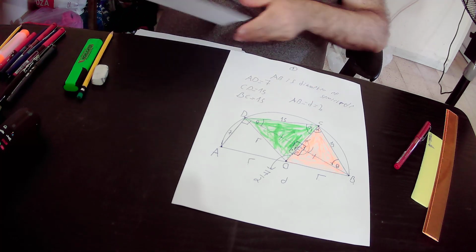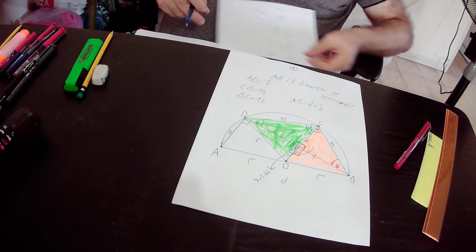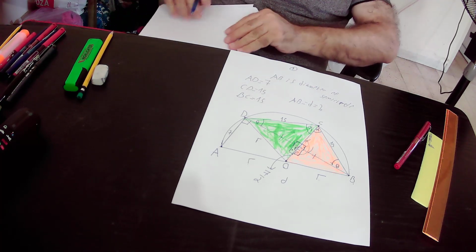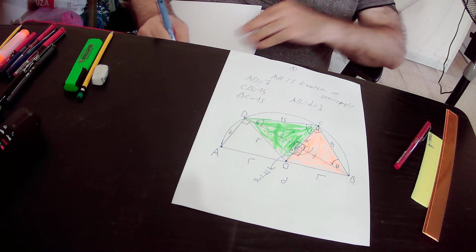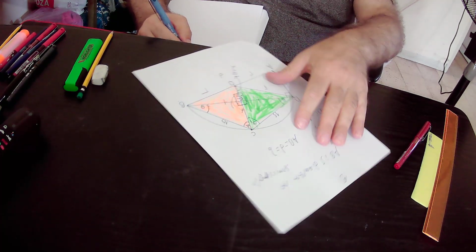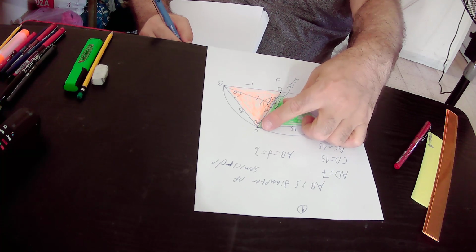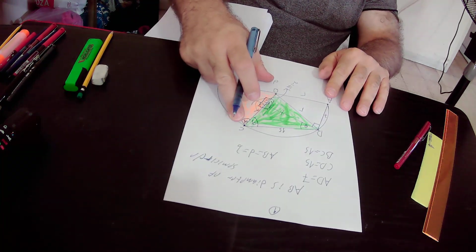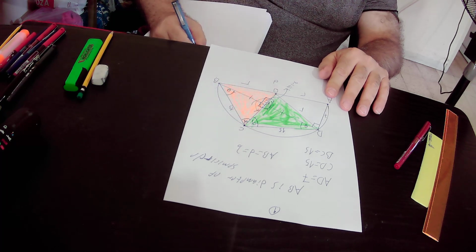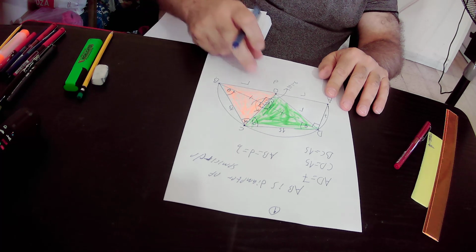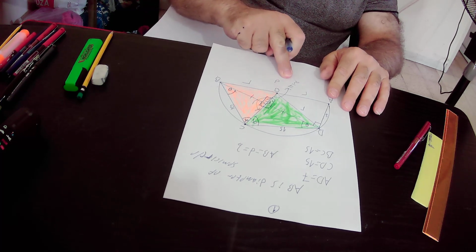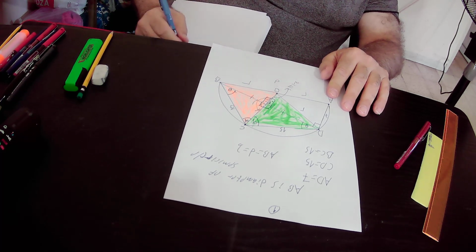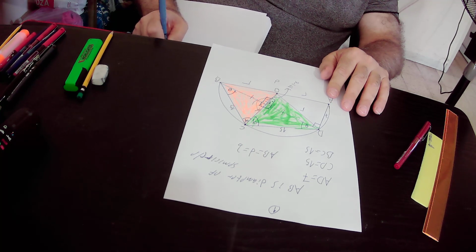And what is the value of EC? We know that OC is the radius. OC equals R. And OE equals 7 over 2 units.